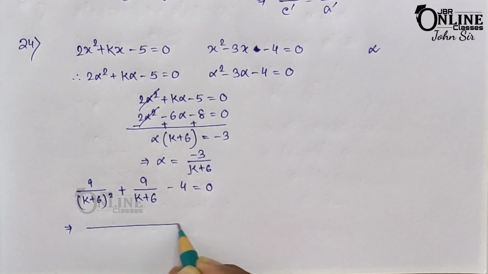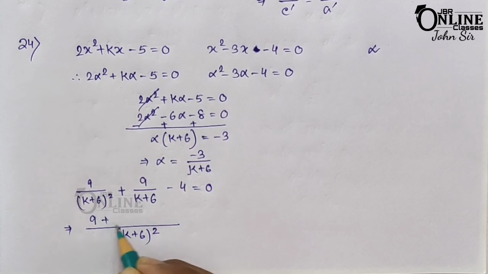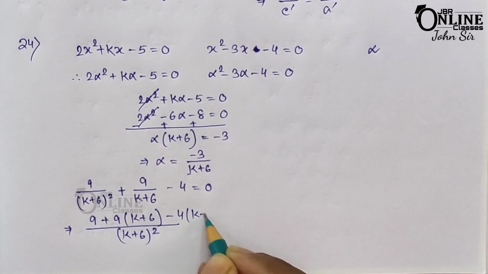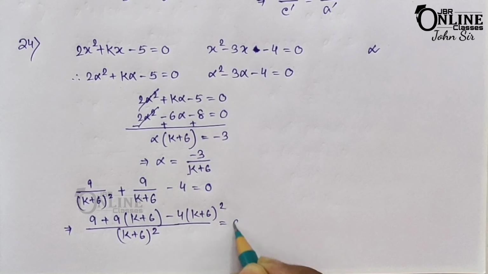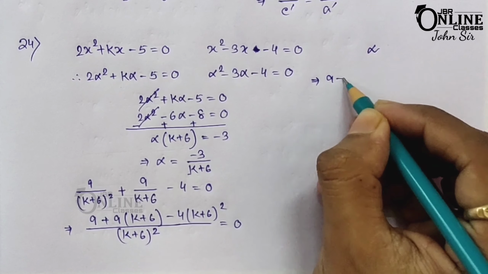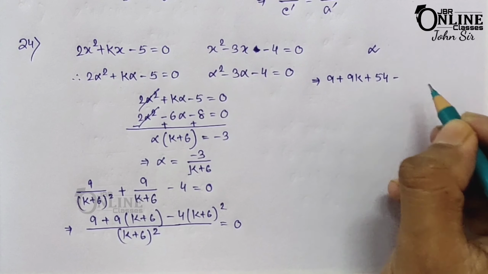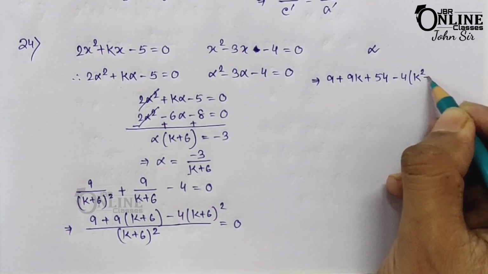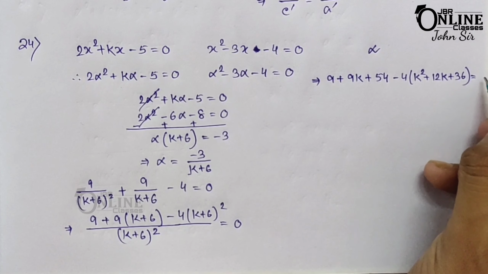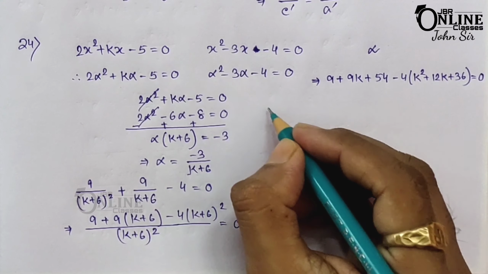Okay, so now the LCM will be (k plus 6) whole square, so it will be 9 plus 9 into (k plus 6) minus 4 (k plus 6) whole square, equal to 0. So that means here 9 plus 9k plus 54 minus 4 into (k square plus 12k plus 36) equal to 0, because 0 into (k plus 6) whole square equals 0.